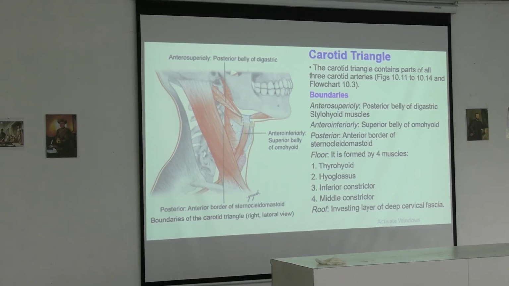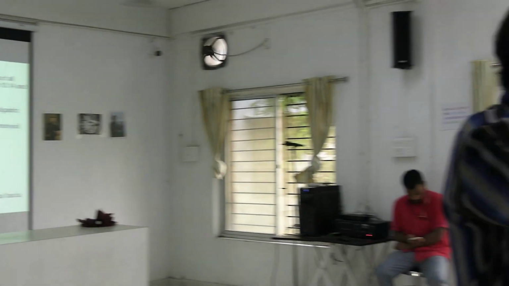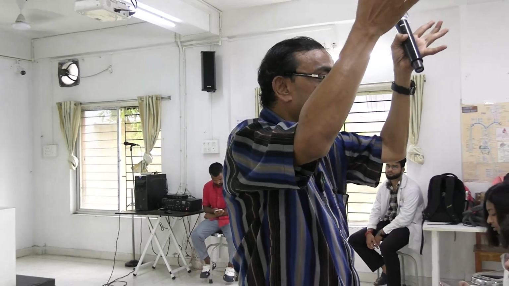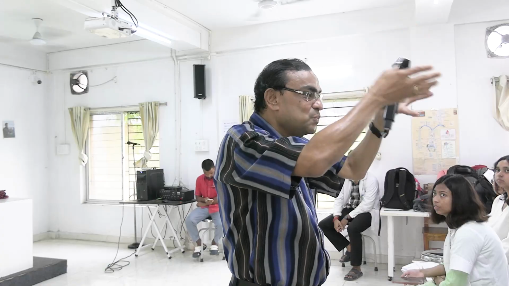We can get 3 muscles in the pharynx. They are attached one on another like 3 buckets. One is the big bucket, that is the inferior constrictor, and within that there is the middle constrictor, and the smallest bucket is the superior constrictor.